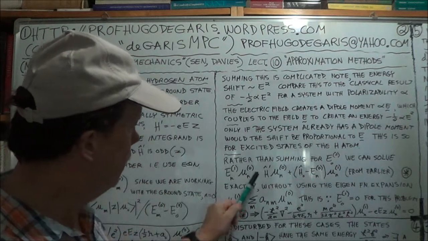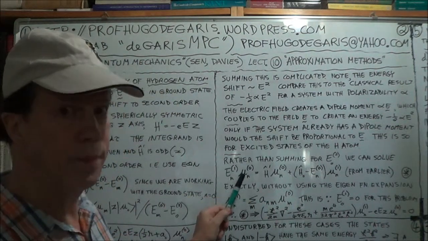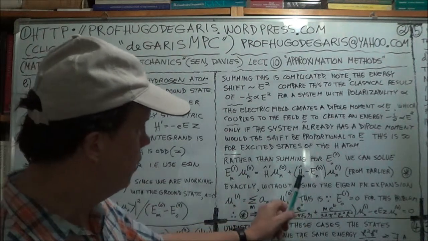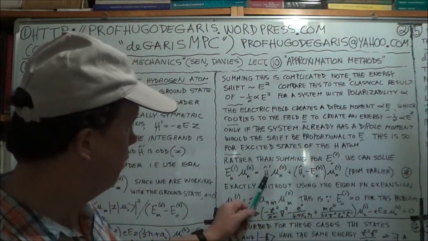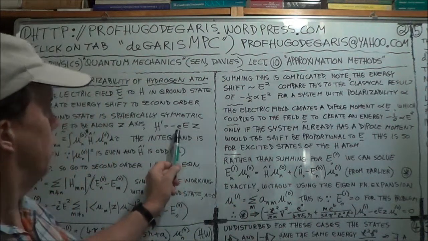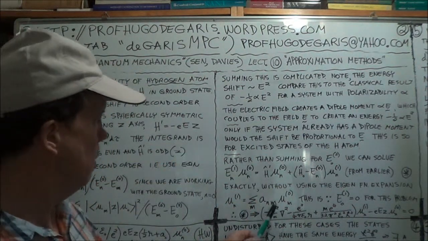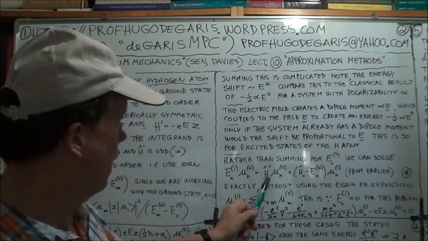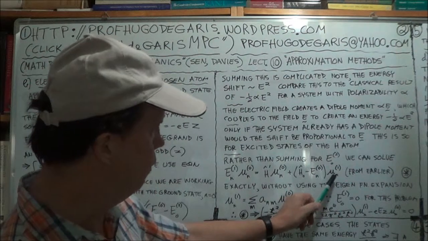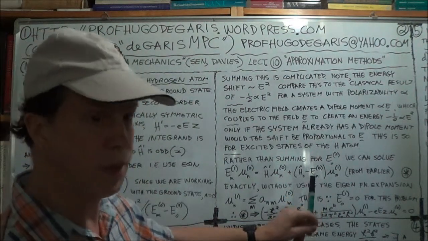So this left-hand side here just drops out. Okay, now that simplifies things a lot, because then we know the perturbing term. It's just this, minus big E times z. So we know that. We know the ground state. We know these, and so we can solve for this. And then this is the intermediate step.